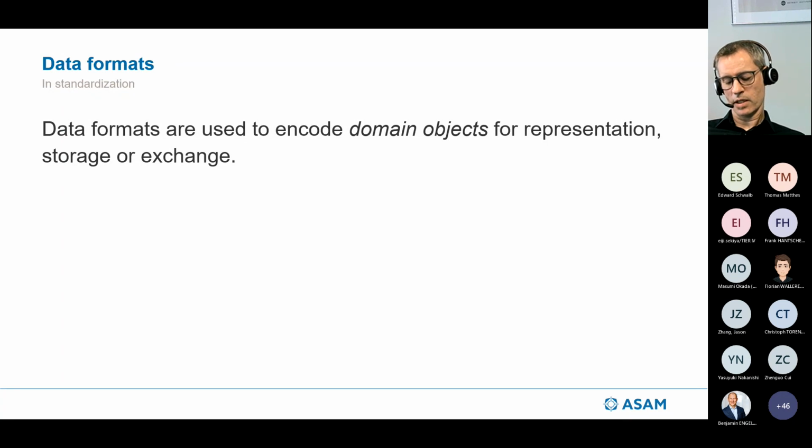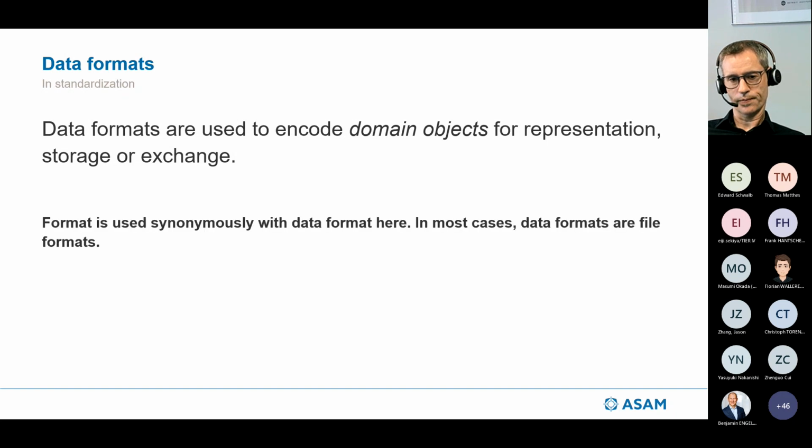A standard describes a specific domain with its semantics and its rules. The data format is primarily used to encode domain objects of this domain and for storage or exchange, and sometimes also for representation. So this is the definition I would work with in our standardization groups.